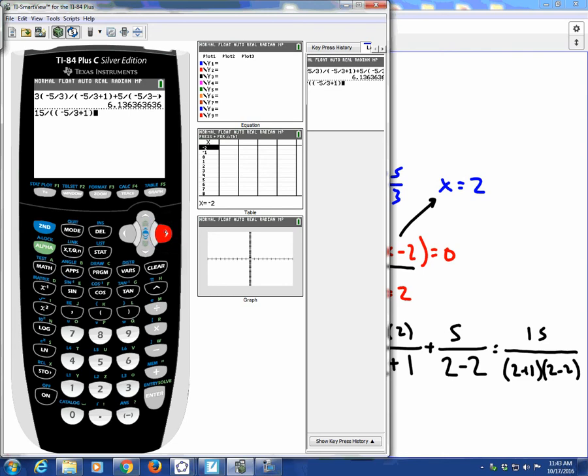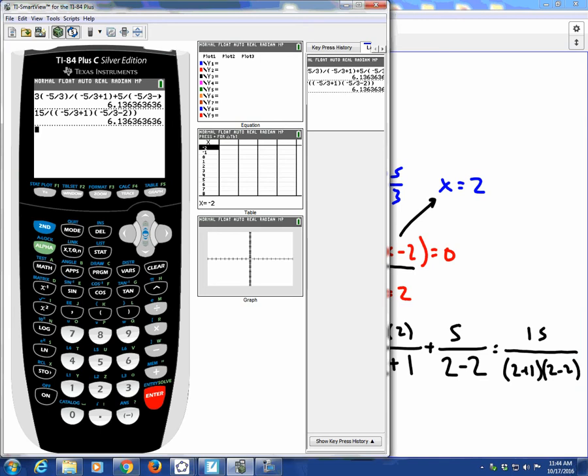That second set of parentheses is for my first linear factor when I plug in negative 5/3, and right here, we'll say negative 5 divided by 3, and then this is going to be minus 2, close parentheses for my denominator, and we press enter one more time, and we get 6.136 with that 36 repeating.